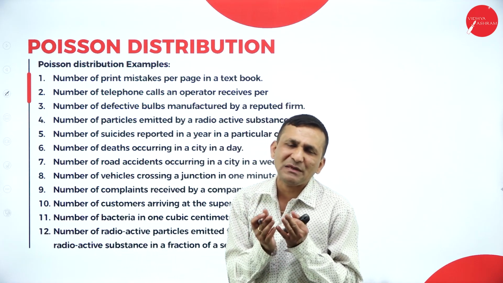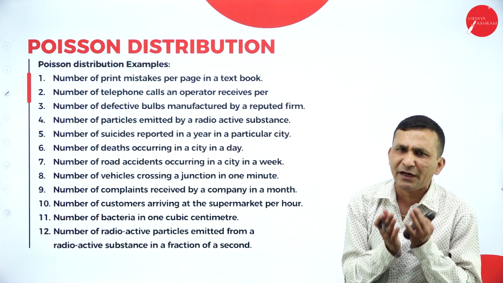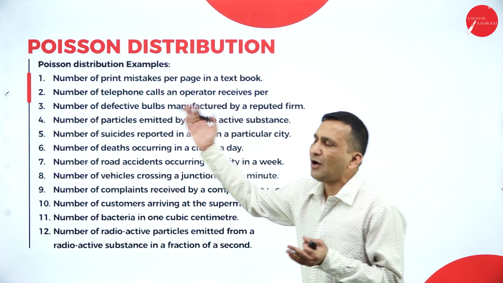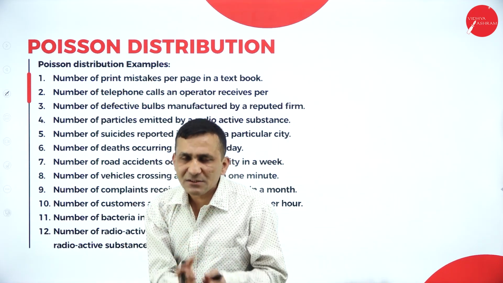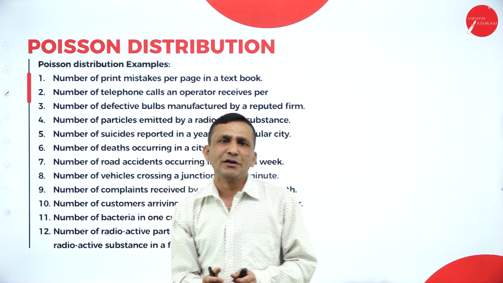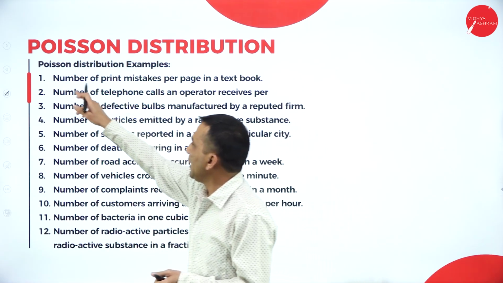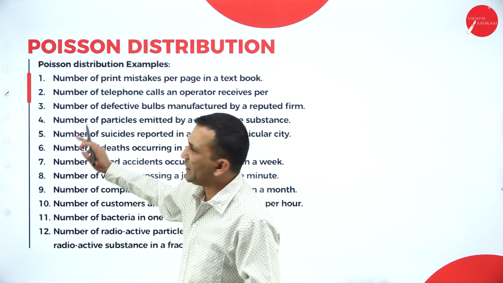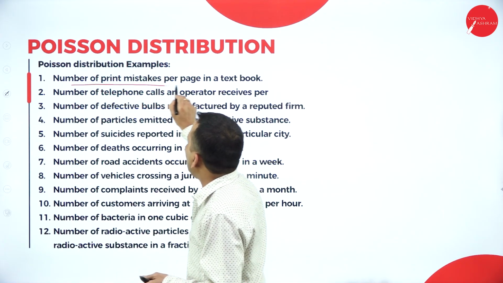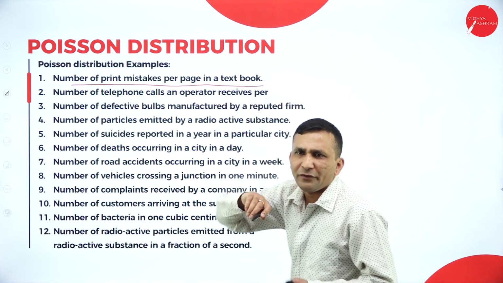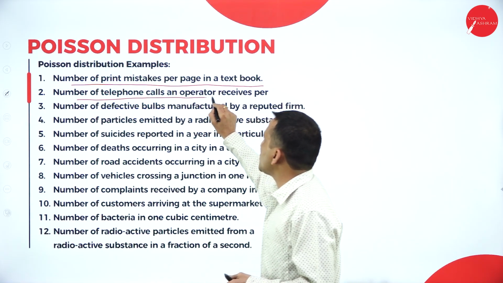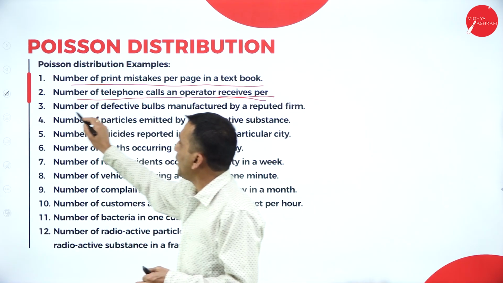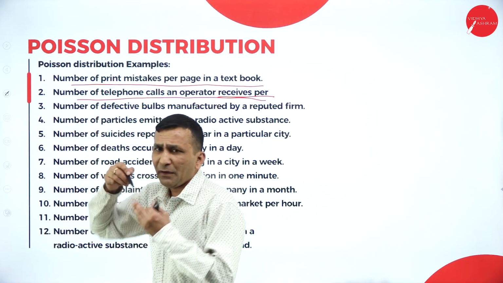Based on the examples only, we can identify problems related to the Poisson distribution, just for understanding's sake. Sometimes they will specify that you have to fit a suitable distribution, so it is very useful to identify the examples. The number of printing mistakes per page in a textbook is also a rare event. The number of telephone calls an operator receives per minute or per second.